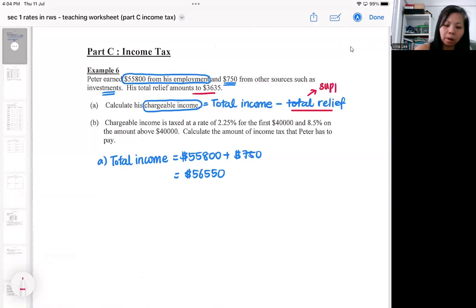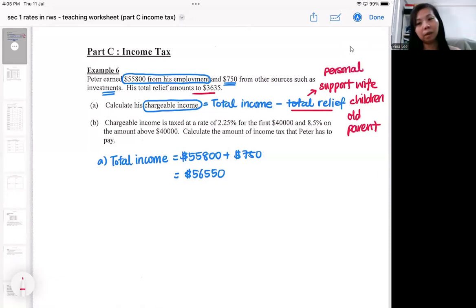It can be supporting a wife who is not working, or children, or an old parent. Because of all these reliefs, and there's also what we call personal relief, because he also needs to spend money on himself. So there's all sorts of relief.